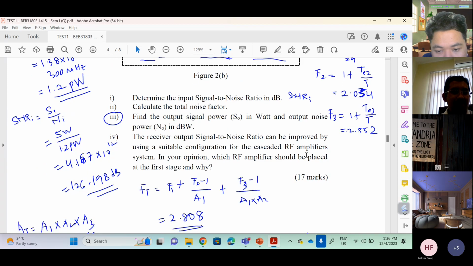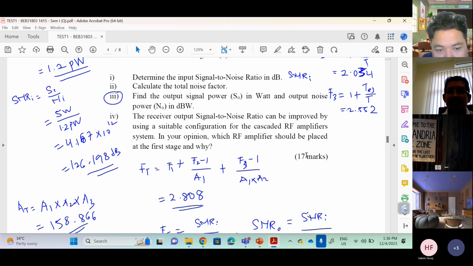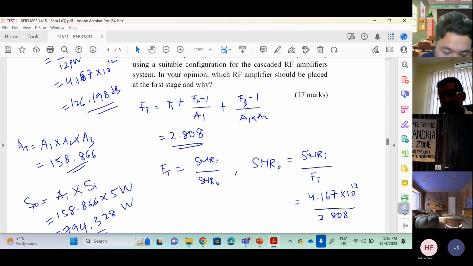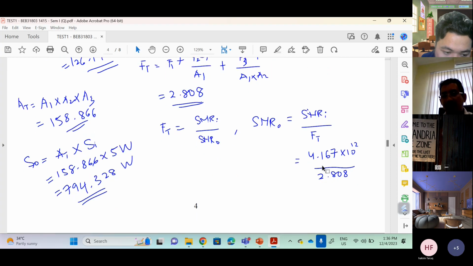SNRI tadi kita dapat berapa tadi? Ni 4.167 kali 10 kuasa 12, betul? Boleh cuba sama-sama. 4.167 kali 10 kuasa 12 dibahagikan dengan 2.808. Betul? Boleh cuba.